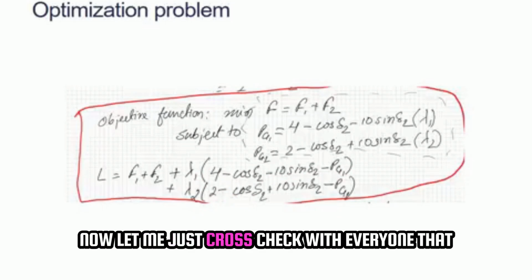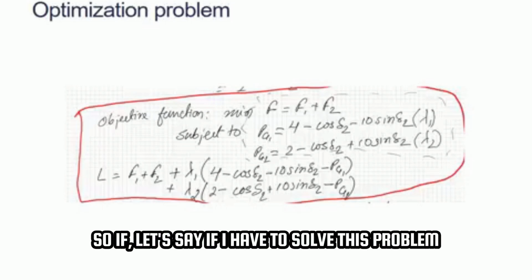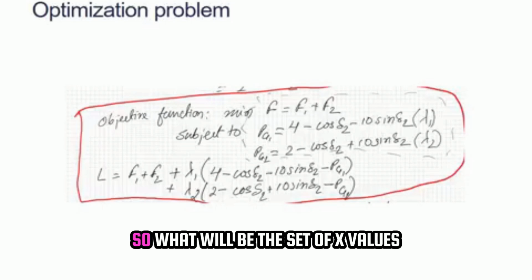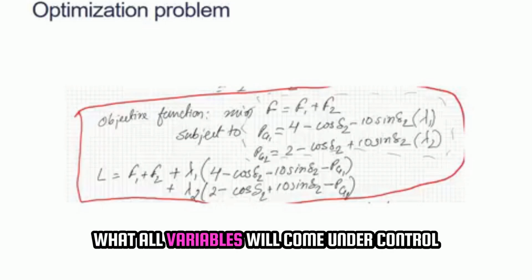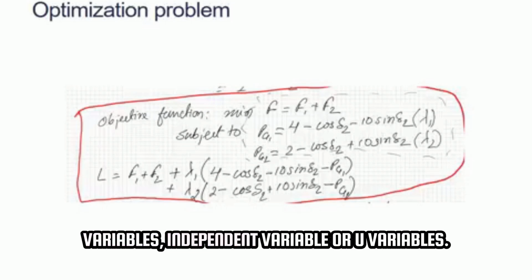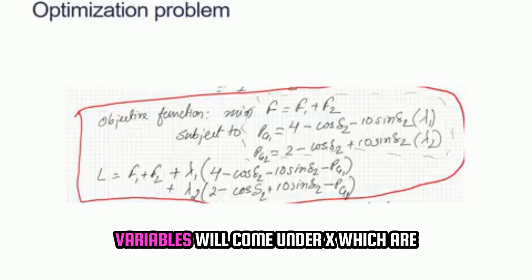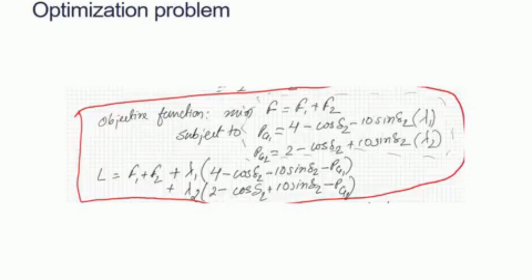Now, let me just cross-check with everyone: are you able to understand this or not? If I have to solve this problem using the first order Newton-Raphson method, what will be the set of x values and what will be the set of u values? What all variables will come under control variables, the independent variables, the u variables we defined earlier, and what all variables will come under x, which are the dependent variables here? Can anybody answer this?